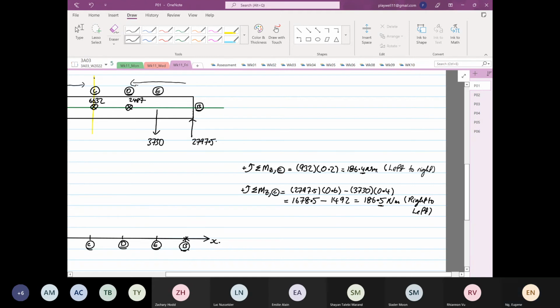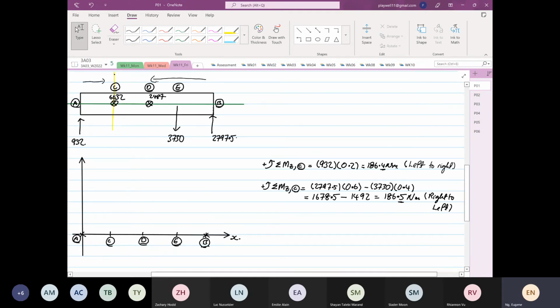Right. Next we are going to find the moment at D. Again, anti-clockwise summation of moment about Z at point D. It's equal to 932 times 0.4, which is 372.8 Newton meter.